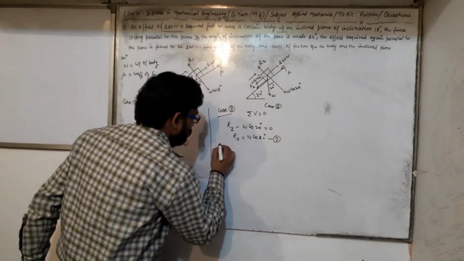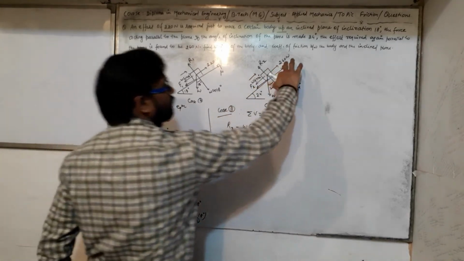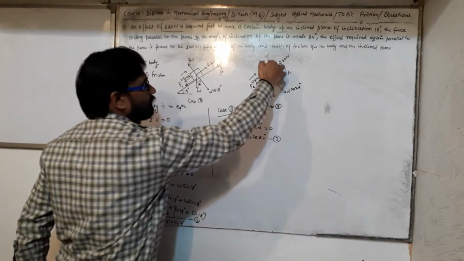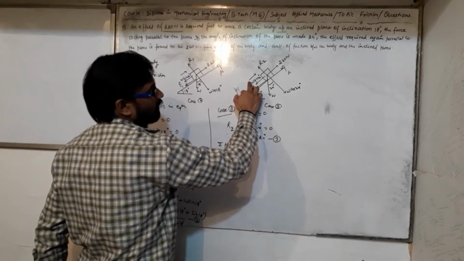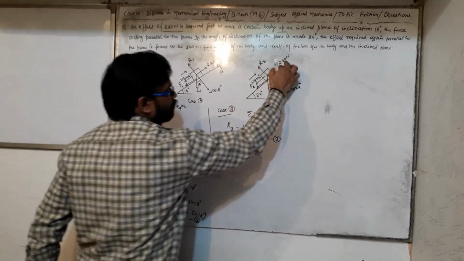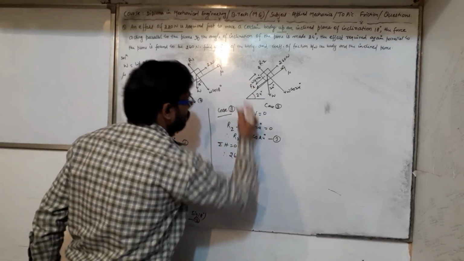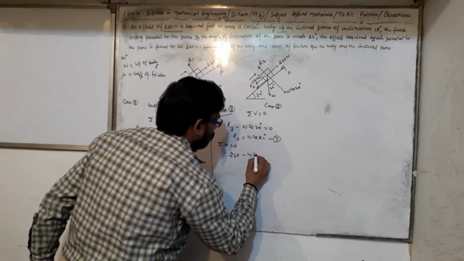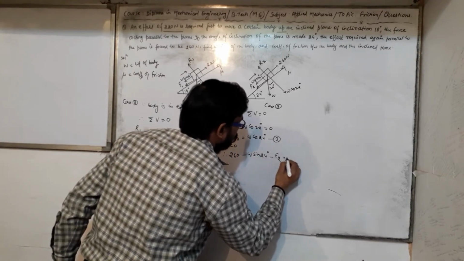Next, the summation of horizontal forces must be equal to 0. Here there are three forces. One is 260 in this direction, and F2 and W sin 24 degree opposite to 260. So we can say 260 minus W sin 24 degree minus F2 equals 0.